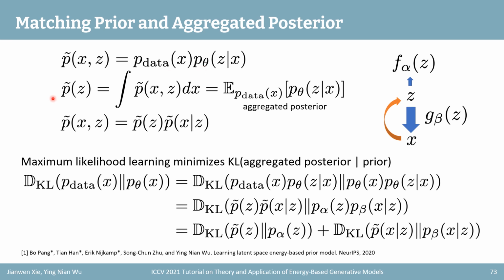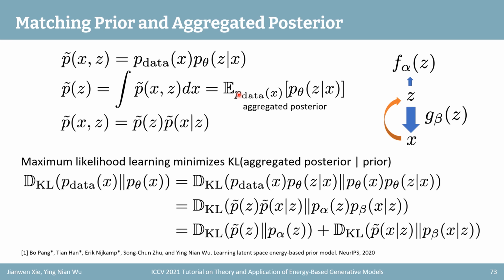And then we can obtain the marginal distribution of Z under P tilde by integrating out X, which means we compute the expectation of the posterior distribution over the observed data. So this is the aggregated posterior.